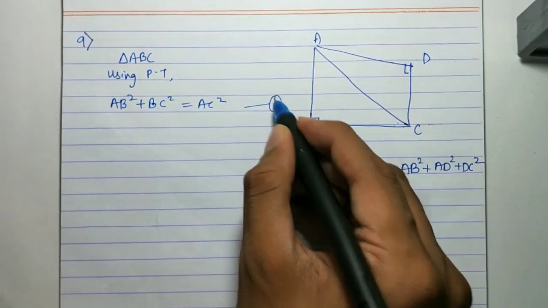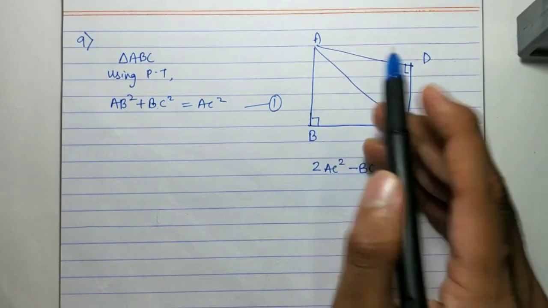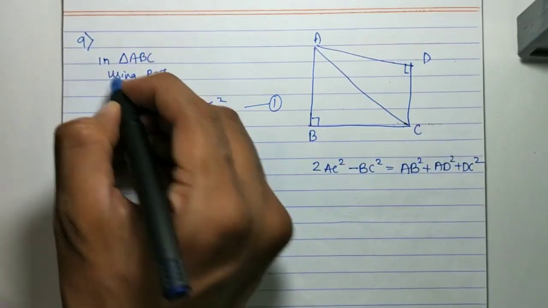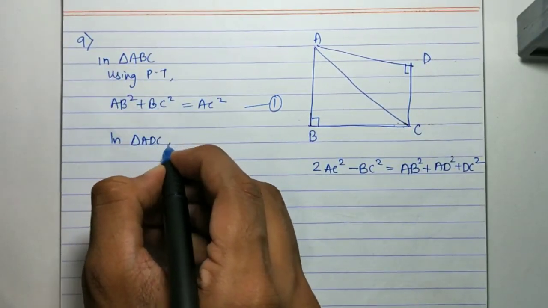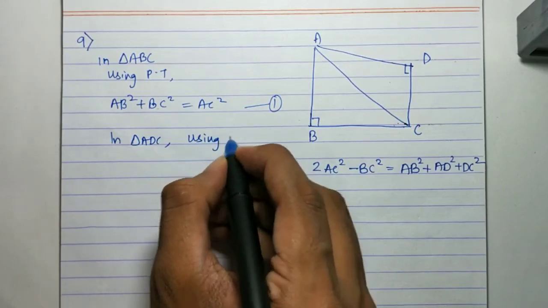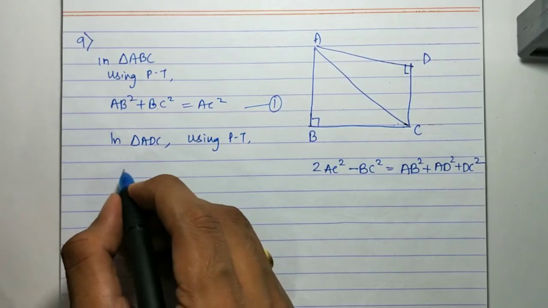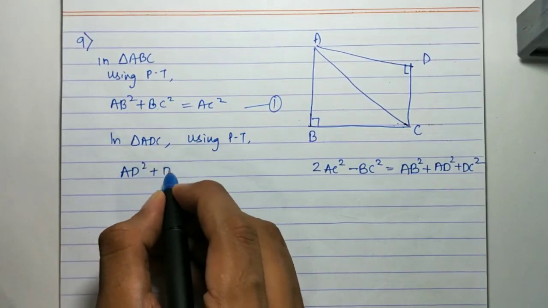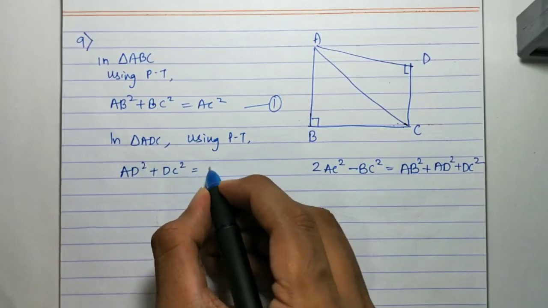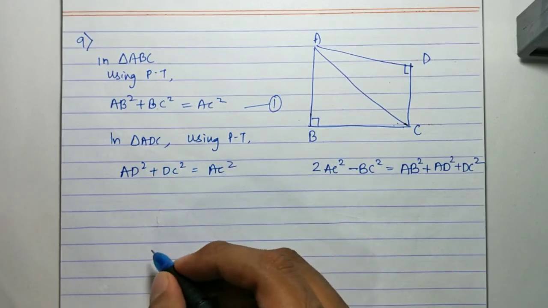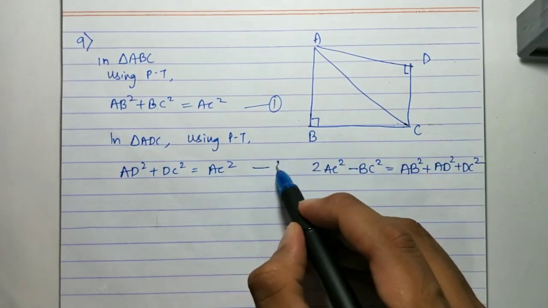Let's name this one. Then in this triangle ADC, using Pythagoras theorem, keep writing the statements. Write extra statements if possible. I will write AD square plus DC square equals AC square. This is equation 2.